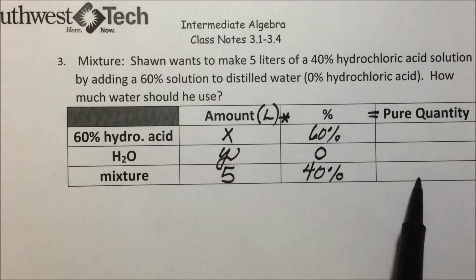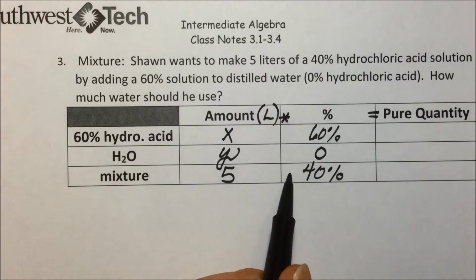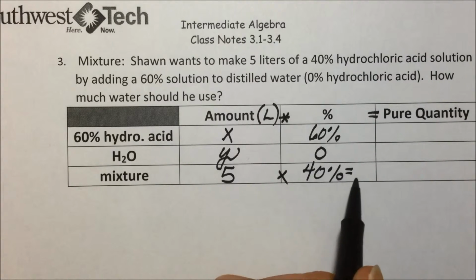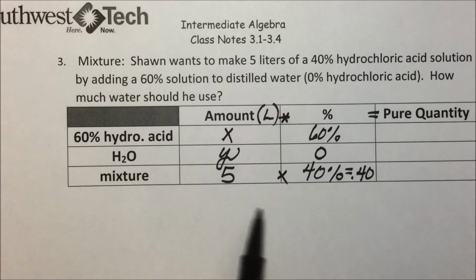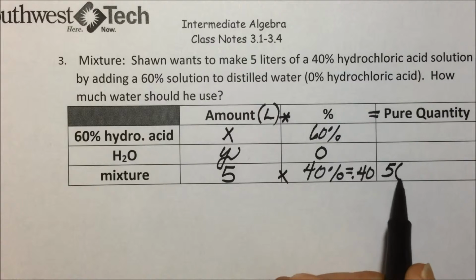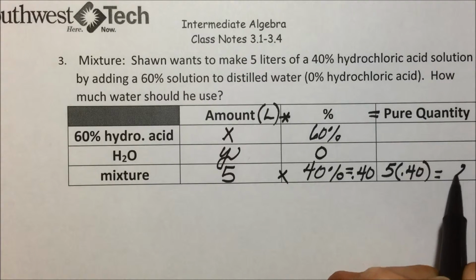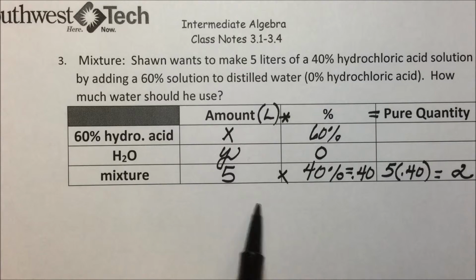How much is pure hydrochloric acid? We would multiply 5 times the 40%, which in decimal equivalency would be 0.40 when we move the decimal over 2 places. So we're going to take 5 times 0.40, which results in 2. 2 liters of this 5-liter solution are pure hydrochloric acid.